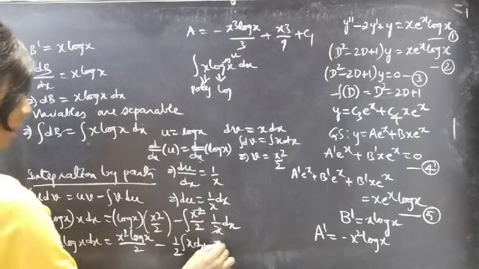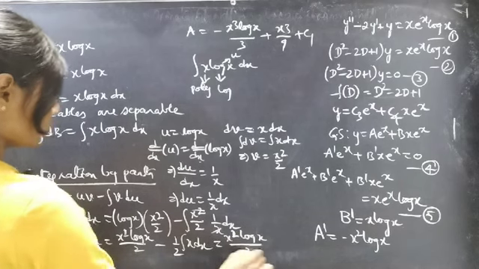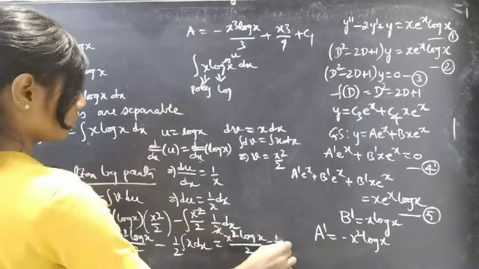Which gives us x square log x by 2 minus 1 by 2 into integral x dx, which is x square by 2, right?